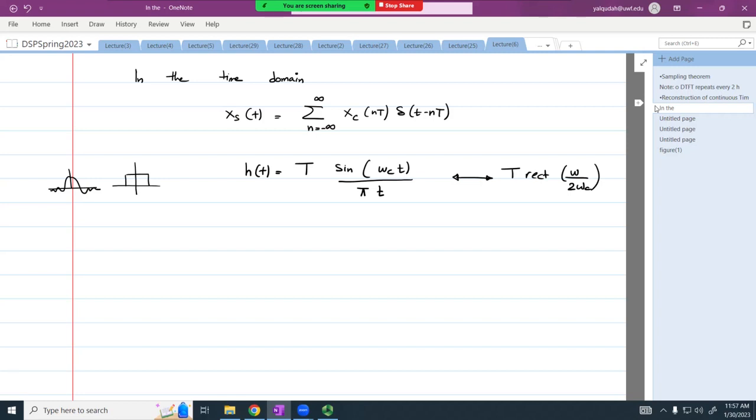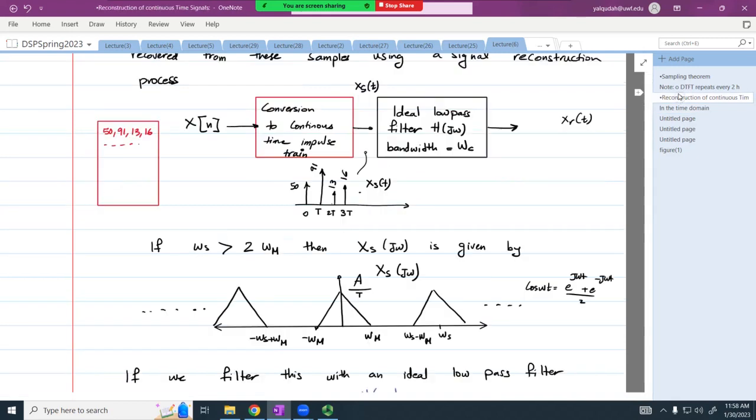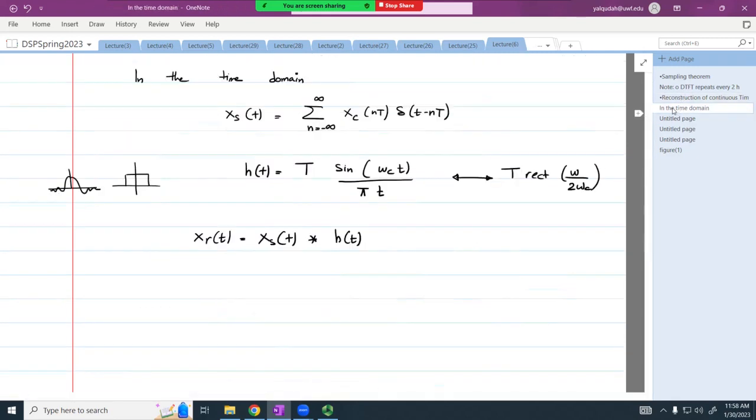What does the convolution tell me? XR of t is going to equal the sampled signal, XS of t, convolved with h of t. Agree? What is h of t? H of t is this block here. This is h of t in the time domain. Okay, pay attention with me.